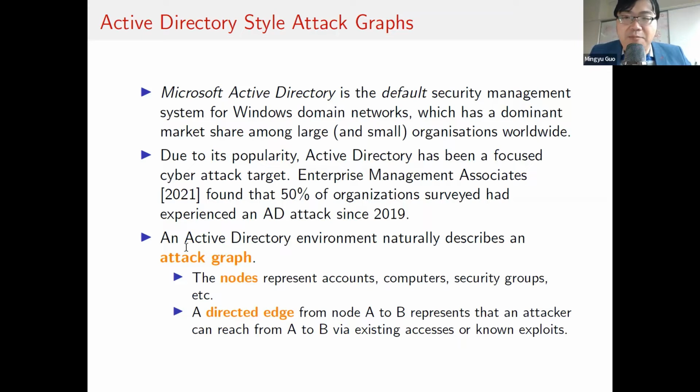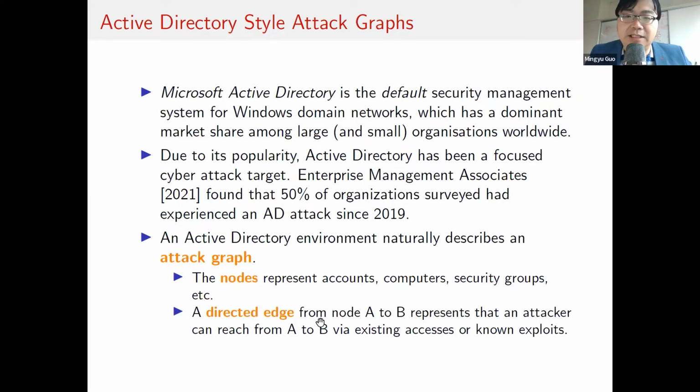For most of the audience here today, you probably care more about the underlying algorithmic design problem. This Active Directory environment naturally describes an attack graph. An attack graph involves a whole bunch of nodes representing accounts, computers, security groups, and so on.